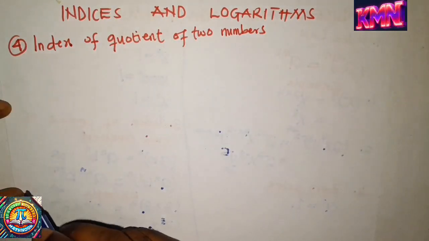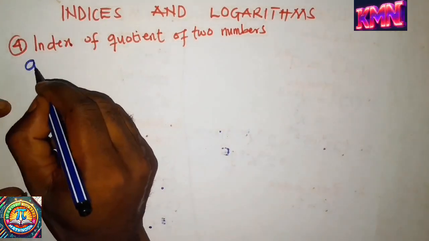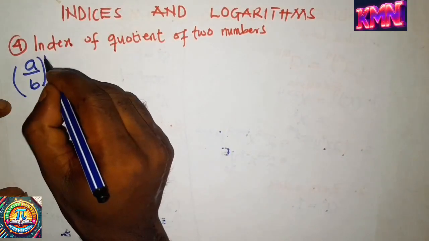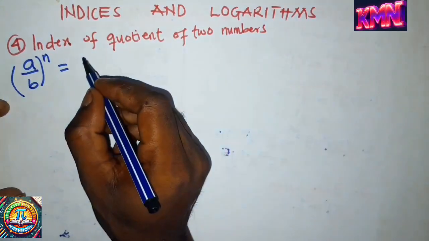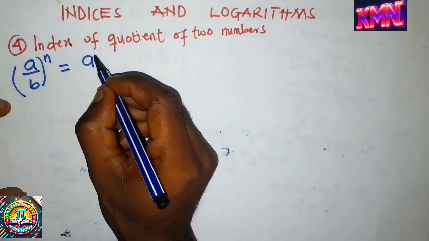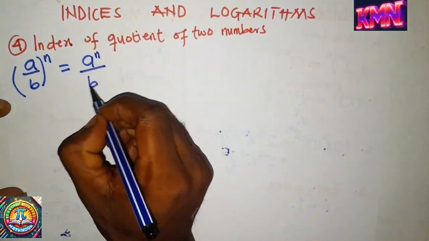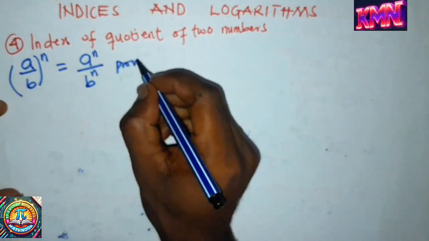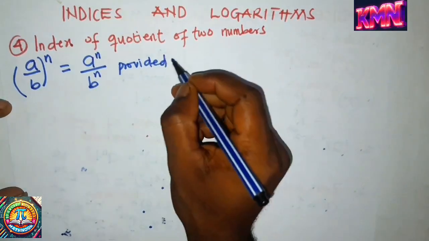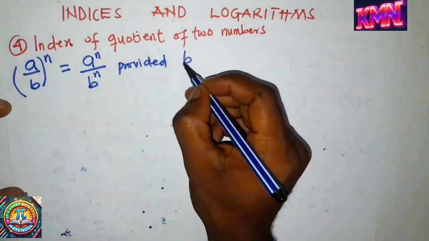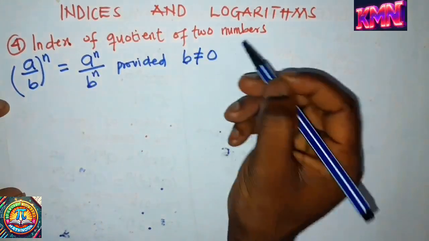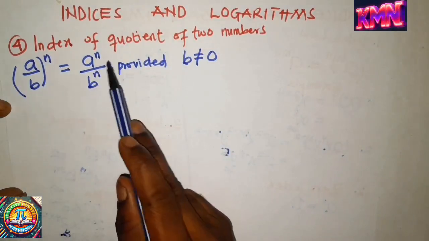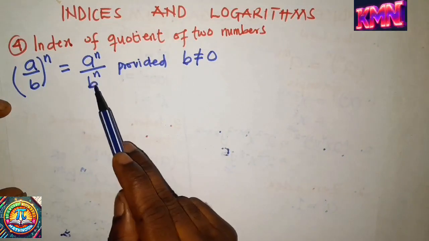The property states that if you have, let's say, a over b, all to the exponent n, then this can be written as a exponent n over b exponent n, provided the denominator b is not equal to 0. Because if b becomes 0, it will make the fraction undefined.